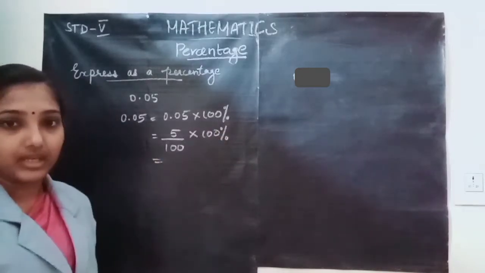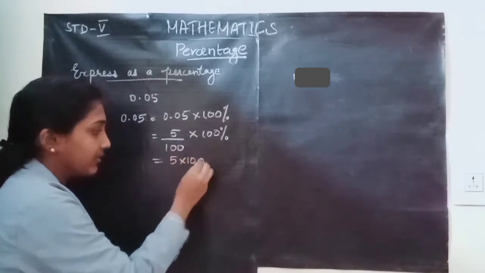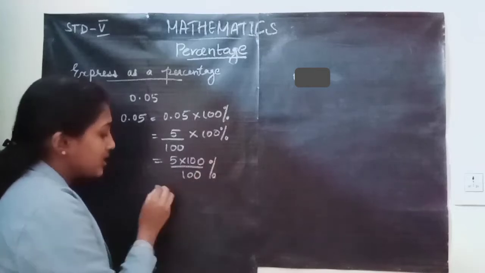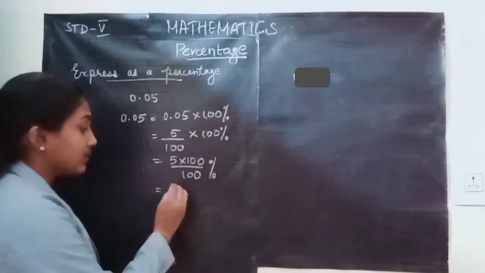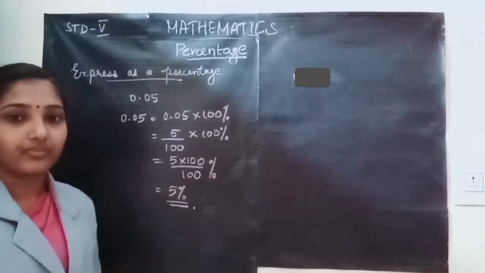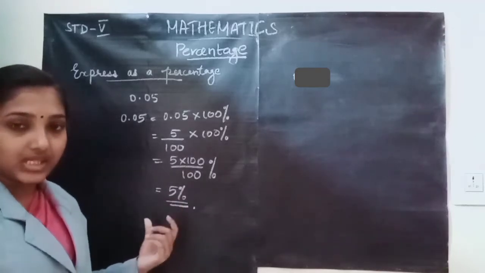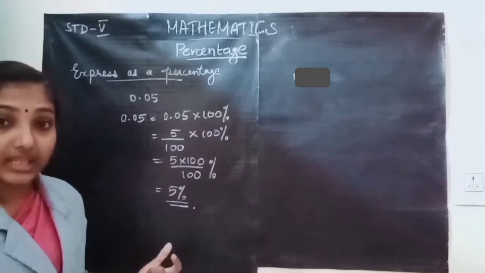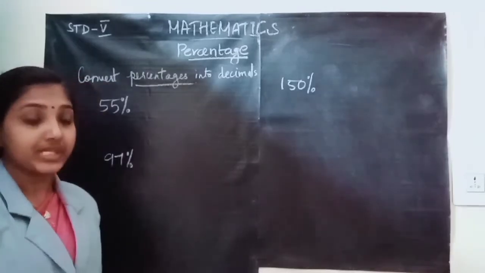And on multiplying it, 5 into 100 by 100 percentage is equal to 5 percentage. Okay, just doing the multiplication and then dividing it, we'll get the answer as 5%.